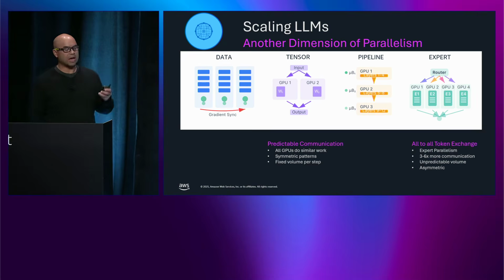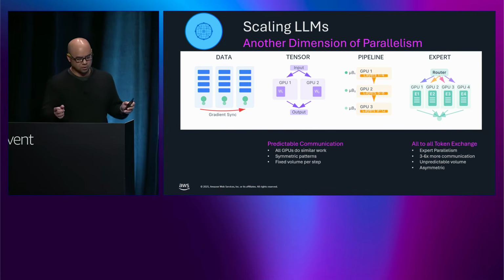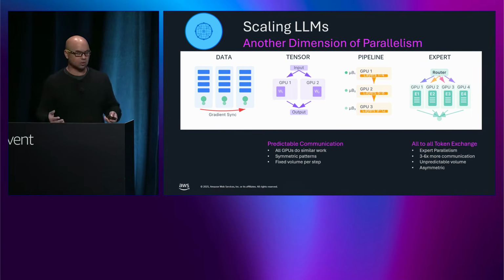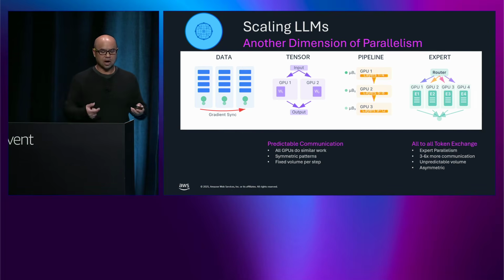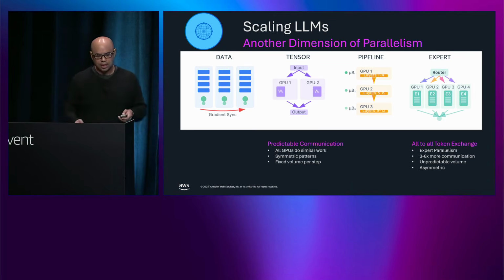So when you do expert parallelism, you're sharding the different experts across different nodes. They have a different communication pattern, so increasing the complexity on how you architect those different parallelisms. For example, expert parallelism uses an all-to-all token exchange or peer-to-peer.